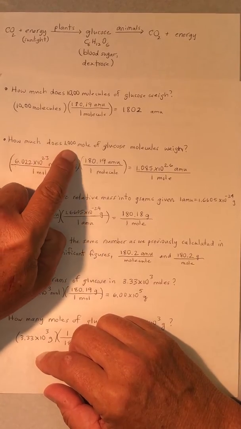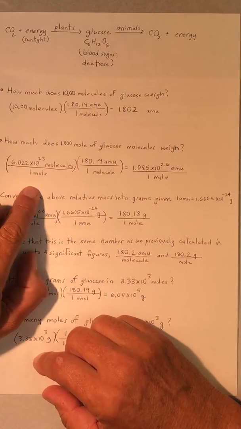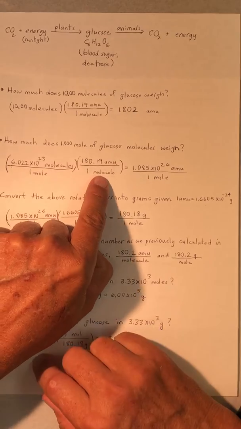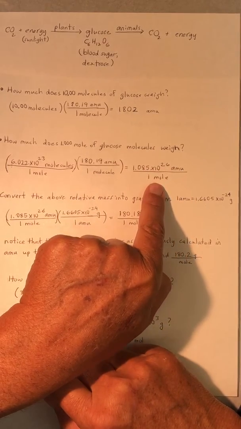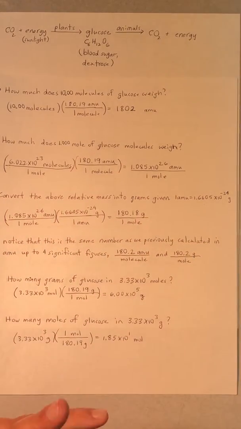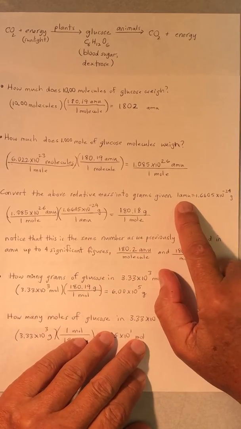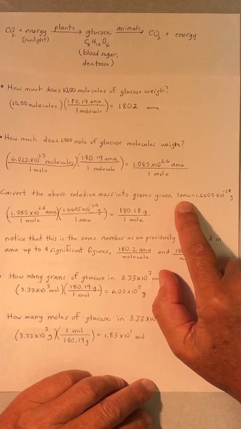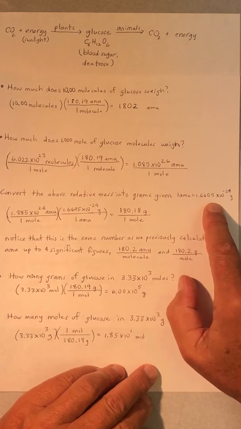How much does 1 mole of glucose molecules weigh? Well, 1 mole is that many molecules, and at that many AMU per molecule, that gives us this many AMU in 1 mole of glucose molecules. In another chapter, we used this conversion factor, converting AMU, which is relative mass, relative to carbon-12 being exactly 12, into normal mass.